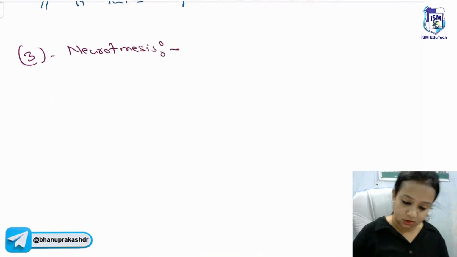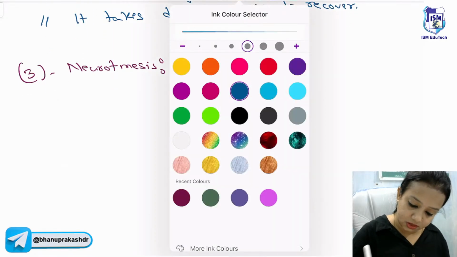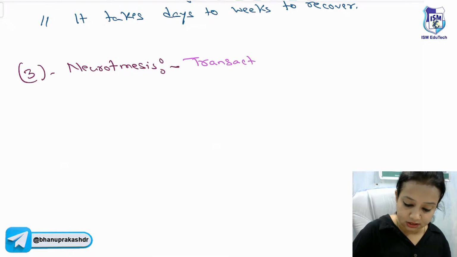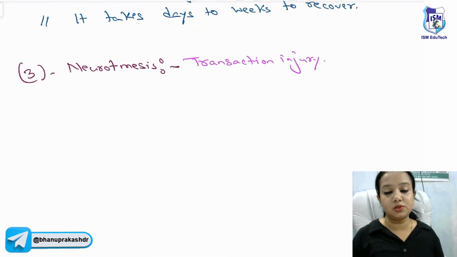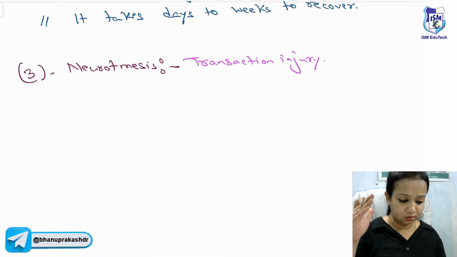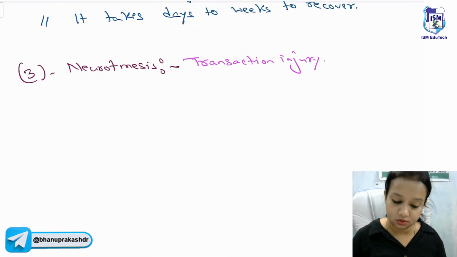Third is the neurotmesis. Now here what happens in neurotmesis, it is a transection injury. Example, if a person has a cut injury, a sharp cut of the limb, through glass, laceration, or through a saw, one arm, one limb, one part has been totally transected, totally cut, then it is called neurotmesis.